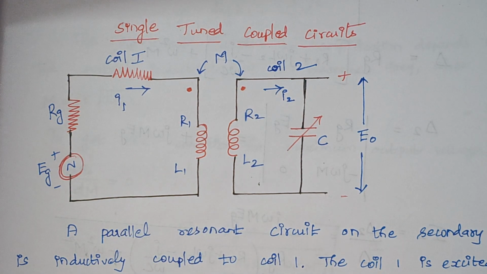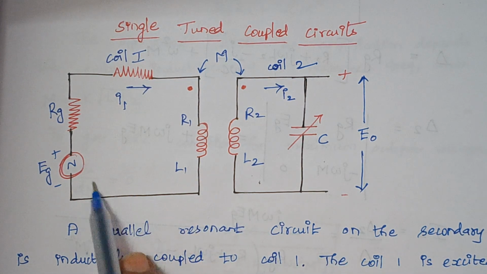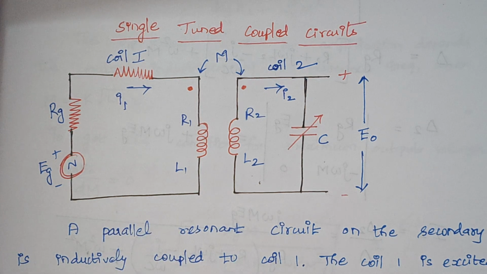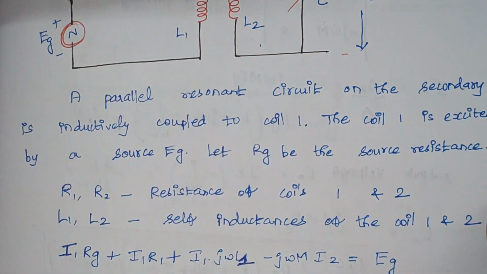Now we are going to apply KVL and frame the expression. When you apply KVL for coil 1, I1 is the current that flows through this path. Here the sum of voltage drops is equal to the sum of voltage rises. What are the voltage drops here?